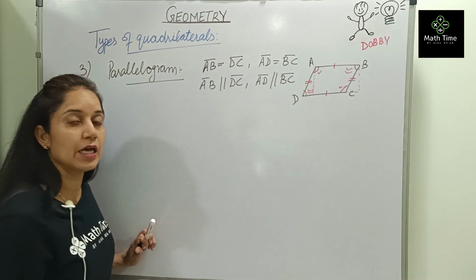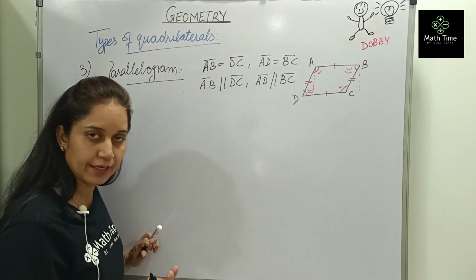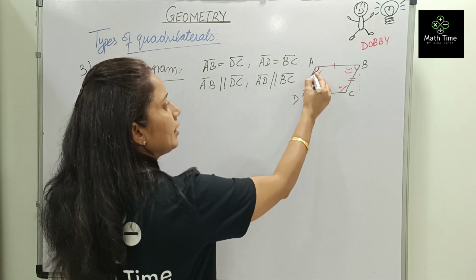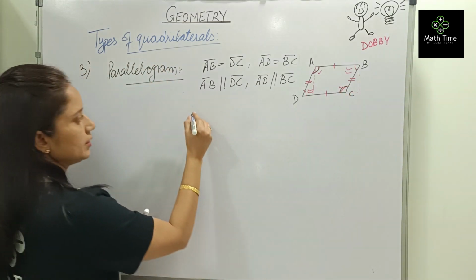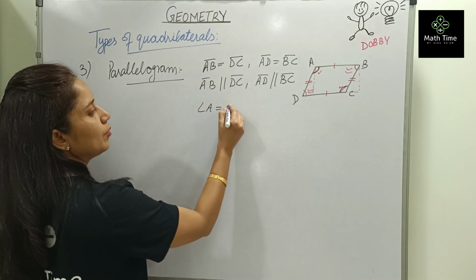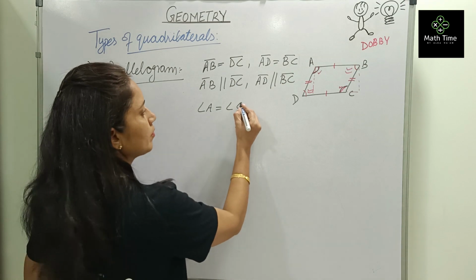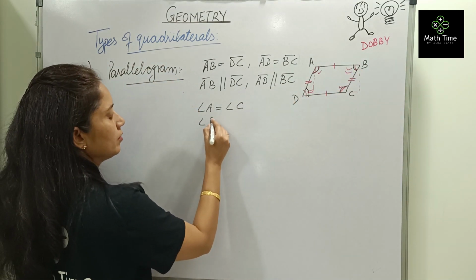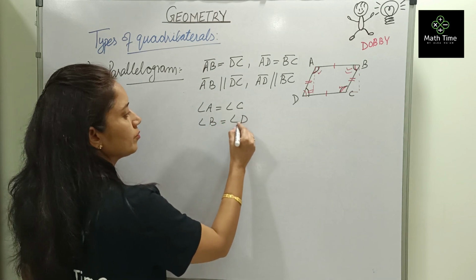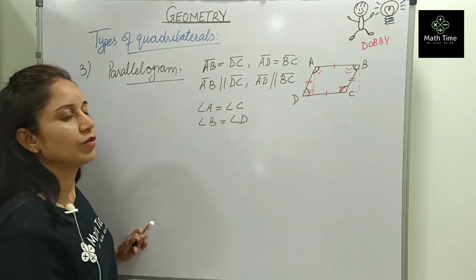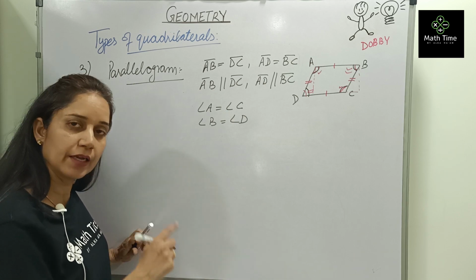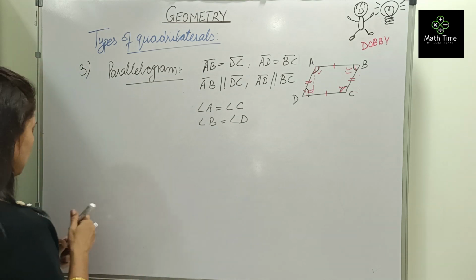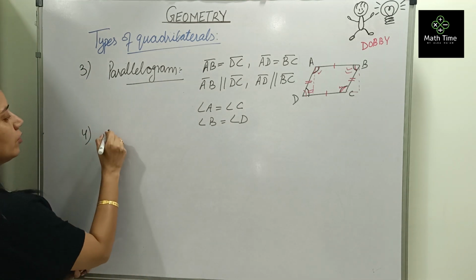The difference is now angles are not 90 degrees, they have been twisted, changed. So angle A is equal to angle C, and angle B is equal to angle D. These are the properties of a parallelogram. It is a special type of rectangle where we have twisted its sides. Okay. Now next is our rhombus.